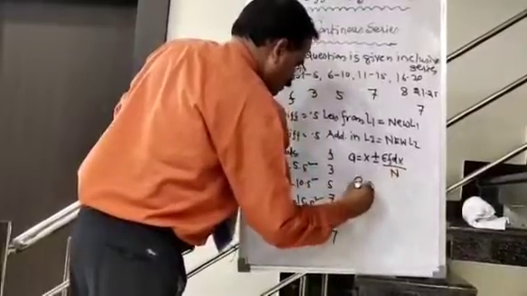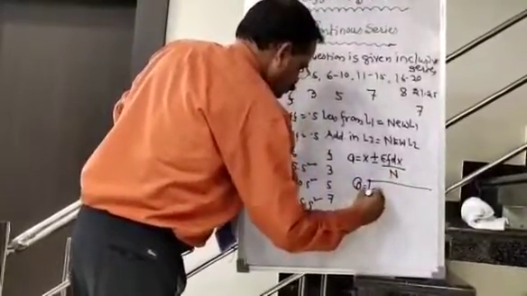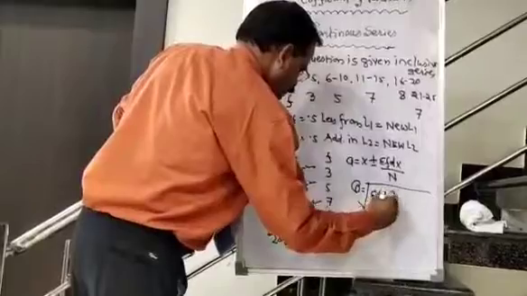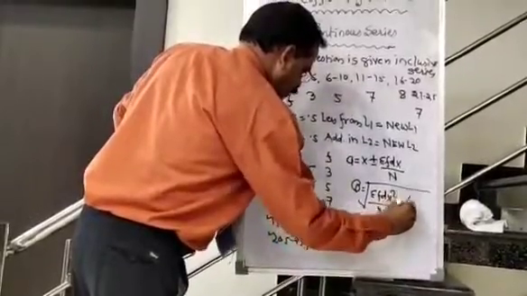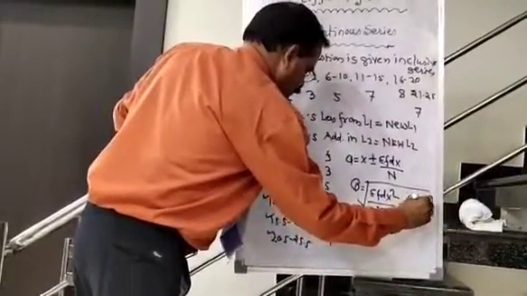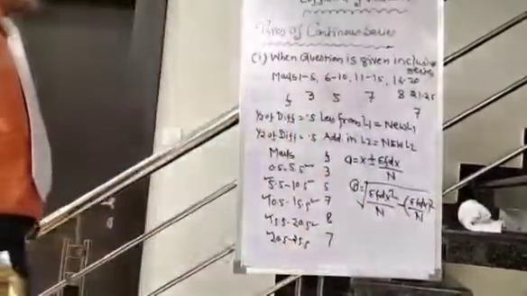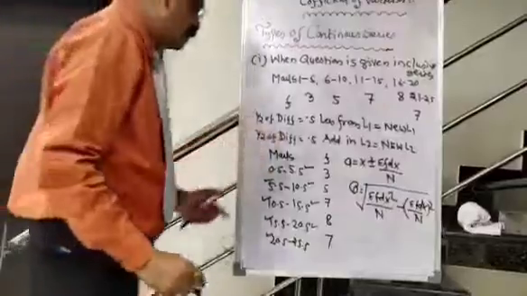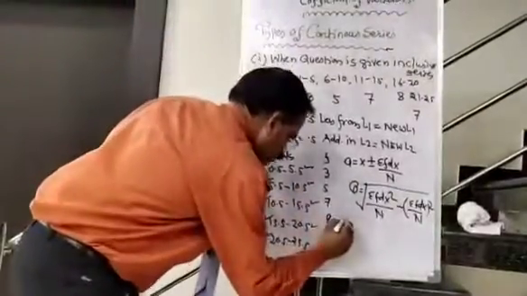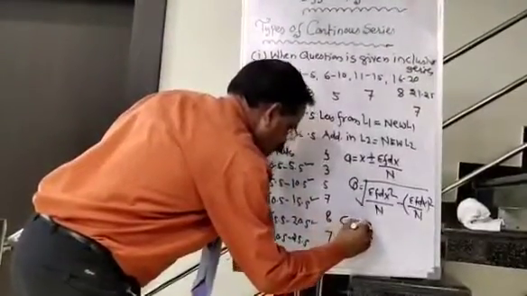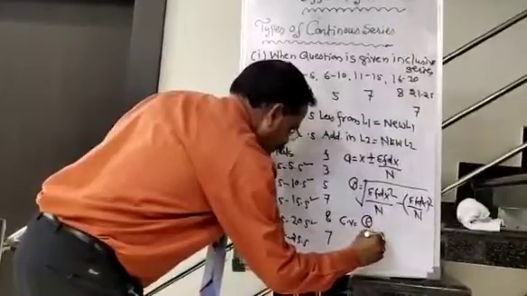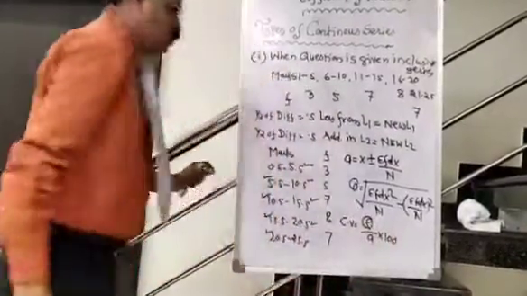After that, sigma is equal to under root sigma f dx square upon n minus sigma f dx upon n whole square. For the calculation of mean and standard deviation, after that we should use CV. CV is equal to standard deviation upon A multiplied by 100. This formula we should use.